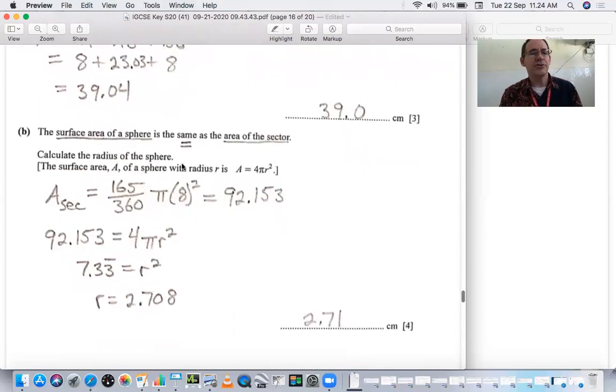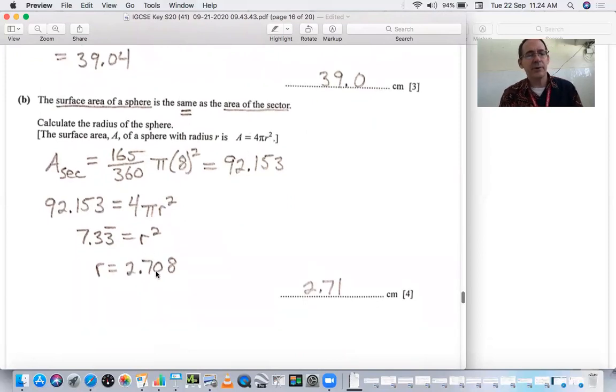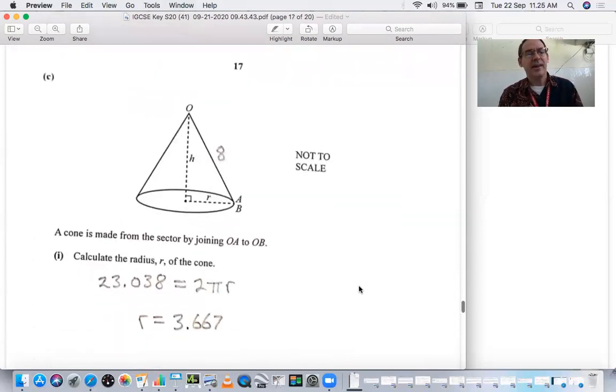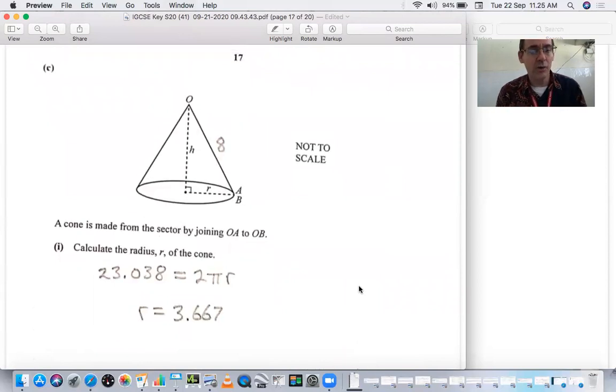This is equal to the area of a sphere, which is 4 pi r squared. They give that formula to you. Now we want to solve for the radius. So divide by 4 pi and then square root to get the r by itself. 2.71 is your radius.